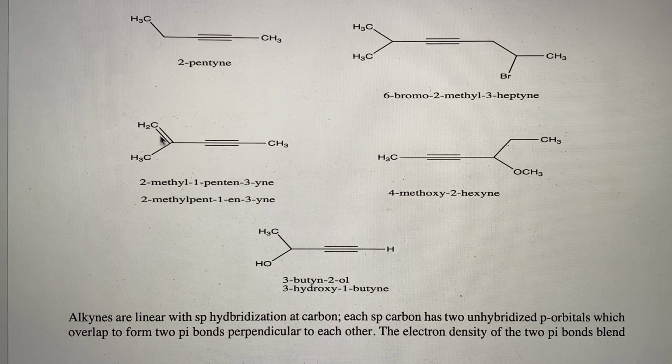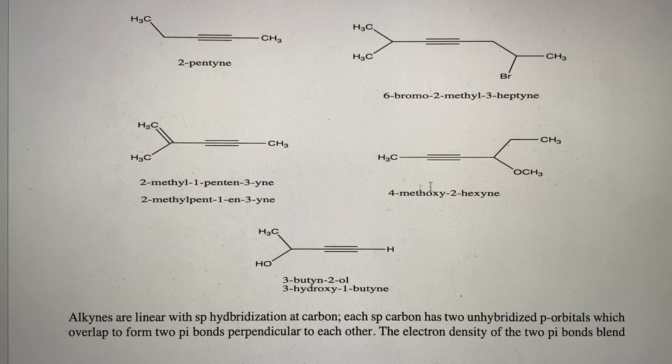So in this case, you call this number 1. Okay, that's 1 instead of that. 1, 2, 3, 4, 5. So that makes it 2-methyl-1-penten-3-yne. Okay, or you can split it: 2-methylpent-1-en-3-yne. Okay, and that's one way to do it.